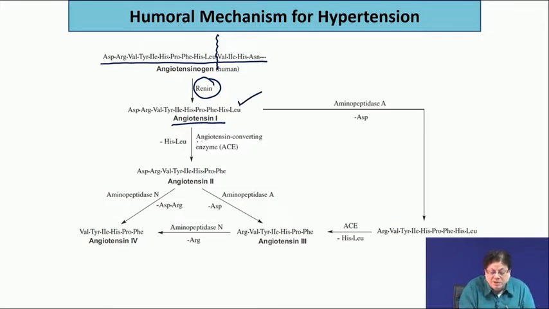Then angiotensin converting enzyme comes and converts 1 into 2. It breaks the bond between phenylalanine and histidine and removes the dipeptide, and this is the octapeptide which is angiotensin 2.